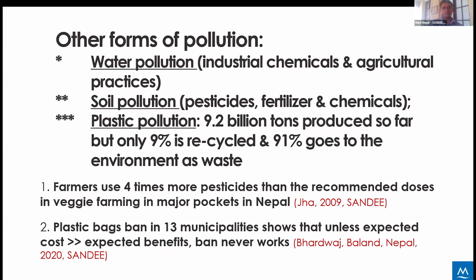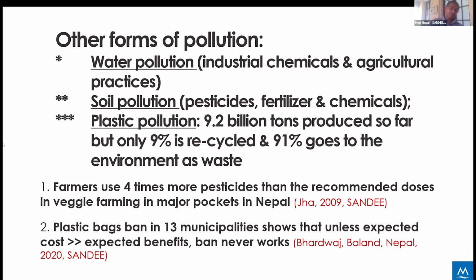And if you kill the pollinators, the food production goes down. There is a direct linkage between pesticide use and reduction in the quantity of bees and all kinds of things. Okay, so the same thing happens with fertilizer and other chemicals. And another challenge that we're facing now is plastic pollution. I'll have some pictures that will tell you the story of how challenging and how severe it is.